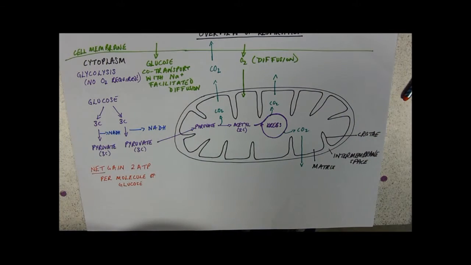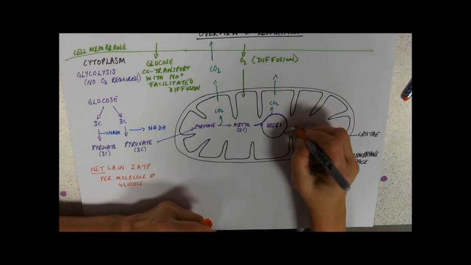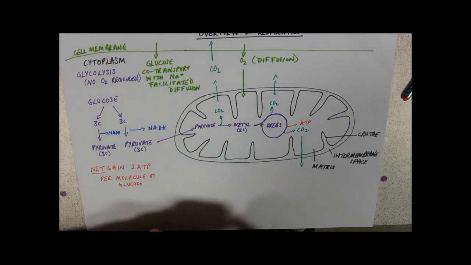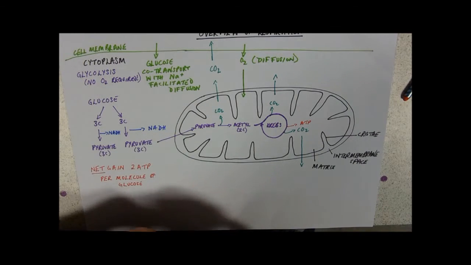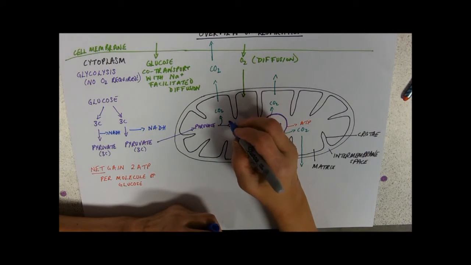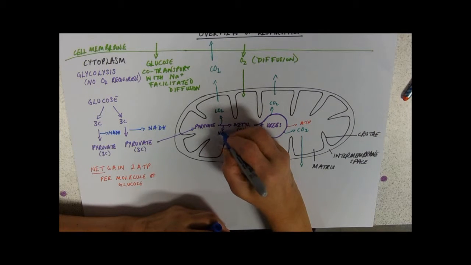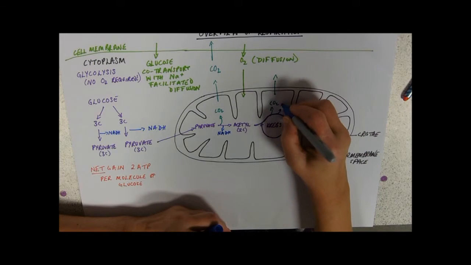And we're going to make an ATP. That will certainly be handy, that's the whole point. And we're also going to do a lot of those dehydrogenation reactions, so we are also going to be removing hydrogen and passing it to our coenzyme.